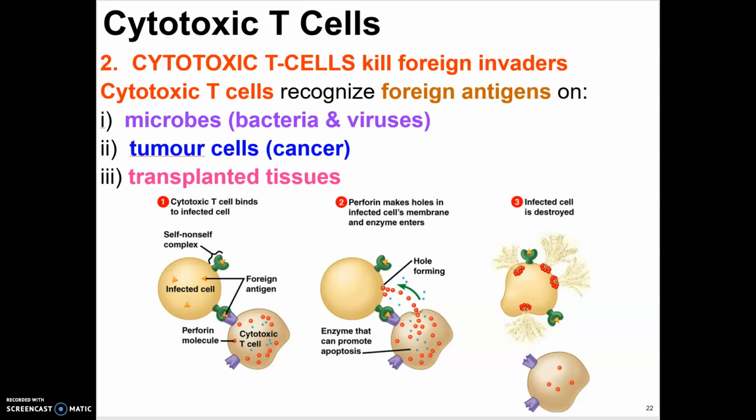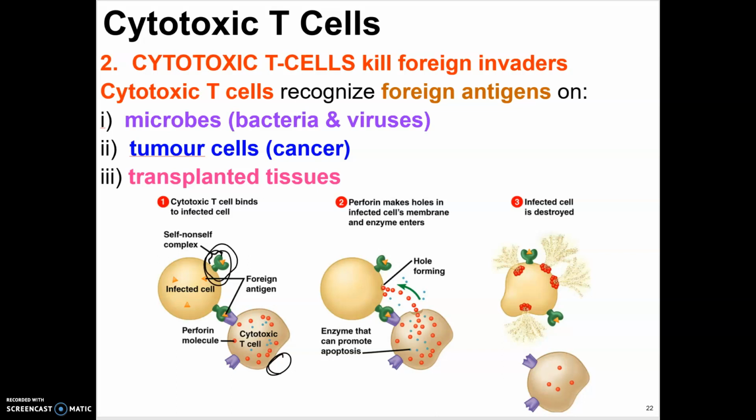So the diagrams down here are pretty cool, showing how a cytotoxic T cell would attack a cell. Here's our cytotoxic T cell down here, and that's going to find an infected cell. So there it is, presenting the antigen.